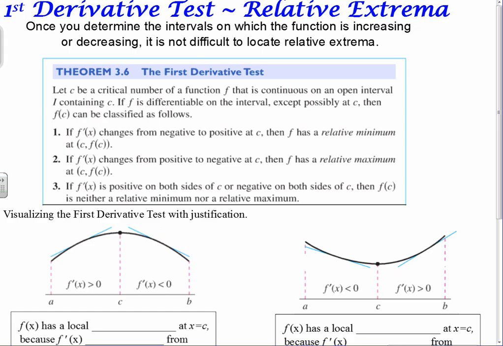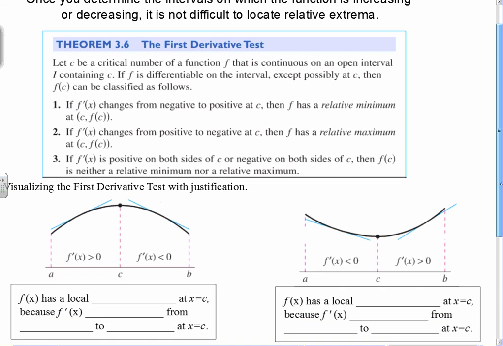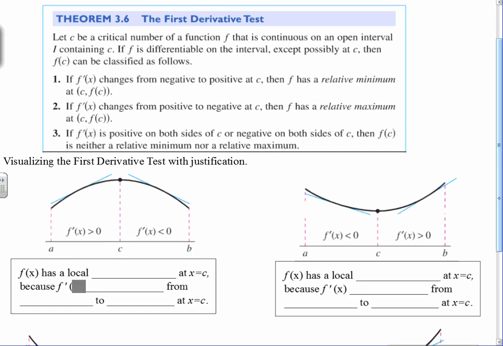So this, you can read it yourself too, but once you determine the intervals on which the function is increasing and decreasing, it's relatively easy to find the relative extrema. There's the first derivative test that talks about the critical values and finding them, but in it we get a description here that if our first derivative changes from negative to positive, then we can conclude that we have a relative minimum occurring at that value of c, f of c.